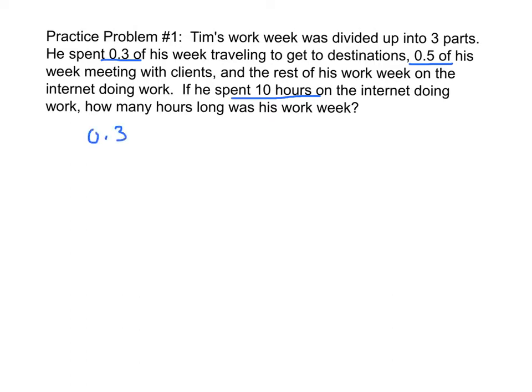Well, I know that he spent a total of 0.8 of his time traveling or meeting with his clients. That means that there must be 2/10 or 0.2 of the time left, because 1 minus 0.8 is equal to 0.2. And that 0.2 has to equal the remaining 10 hours.